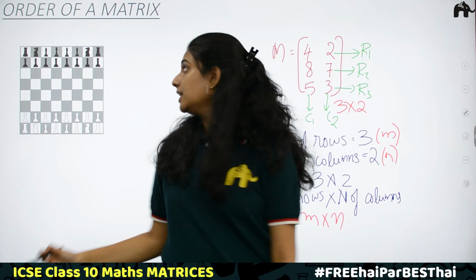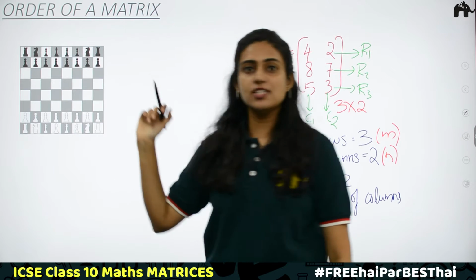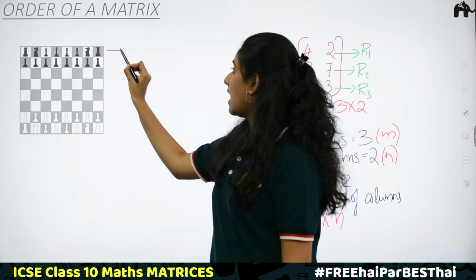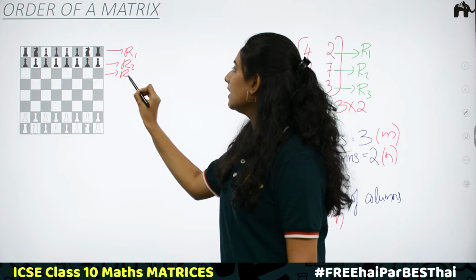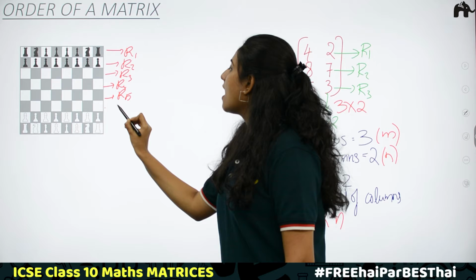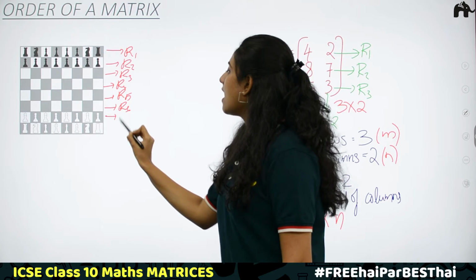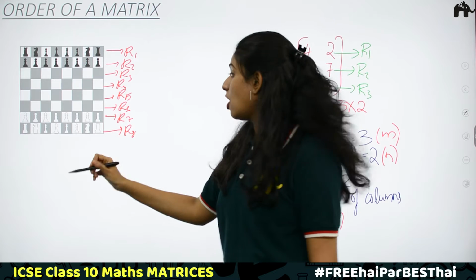Another example. Here we have a chessboard. In this chessboard, what are the number of rows and number of columns? This is R1, R2, R3, R4, R5, R6, R7, R8. What about the number of columns?